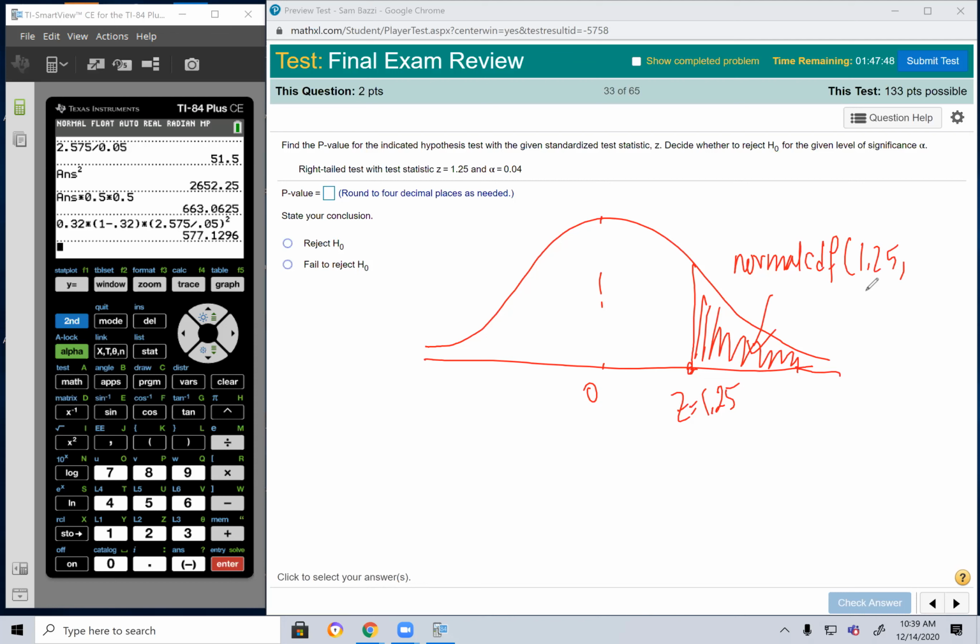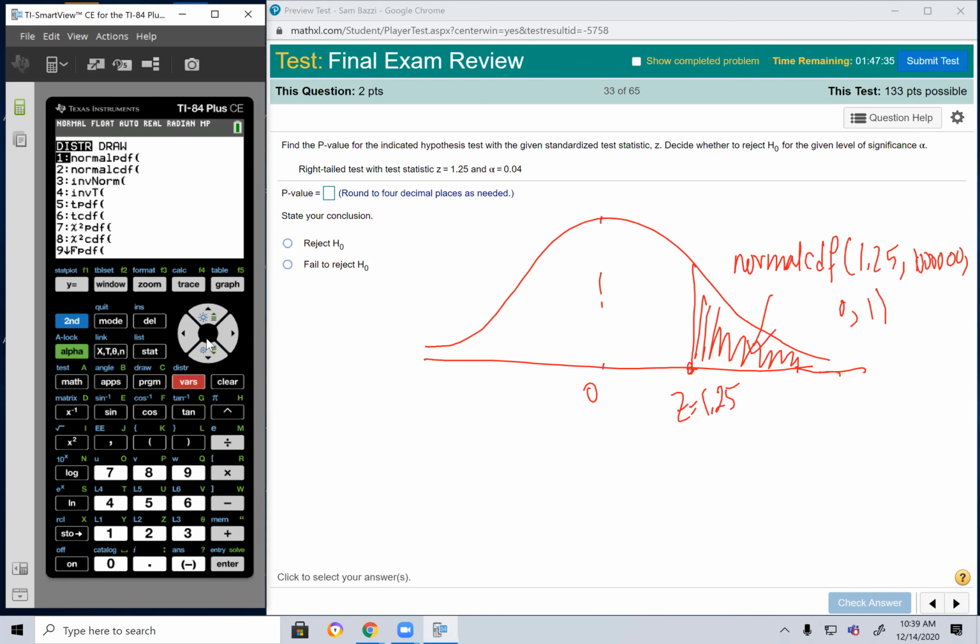1.25, upper a million, sky is the limit, 0, 1. Let's see what the calculator gives us here. So 1.25, upper is a million, and 0, 1. Watch, guys. Oops, what happened?